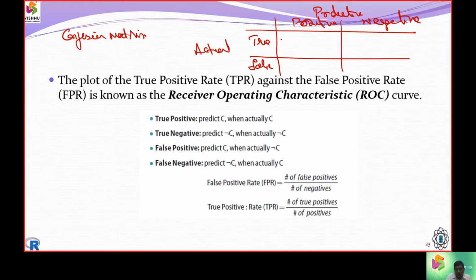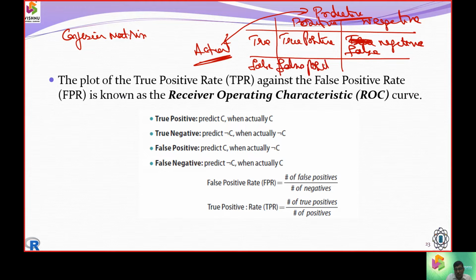How are we going to relate the actual scenarios with the predicted scenarios? We have true positive, false negative, false positive, and true negative.